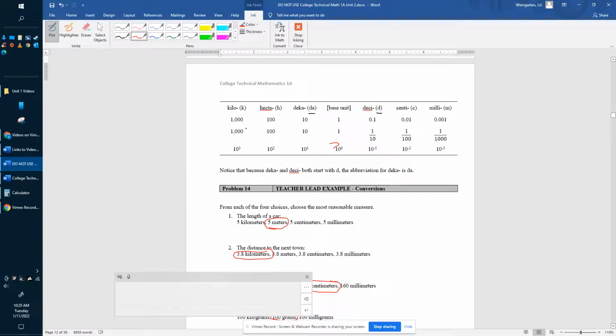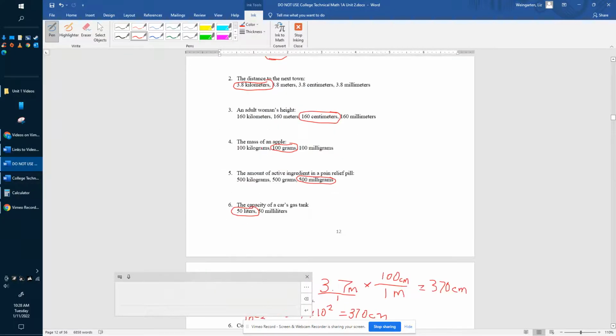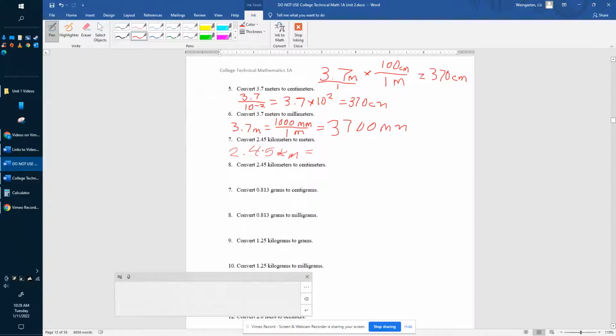A kilometer is 1,000 of them. So we're going to multiply. We're going to have kilometers on the bottom. There are 1,000 meters in a kilometer. So that is going to give us, we'll move our decimal place 3 times, to 2,450 meters.